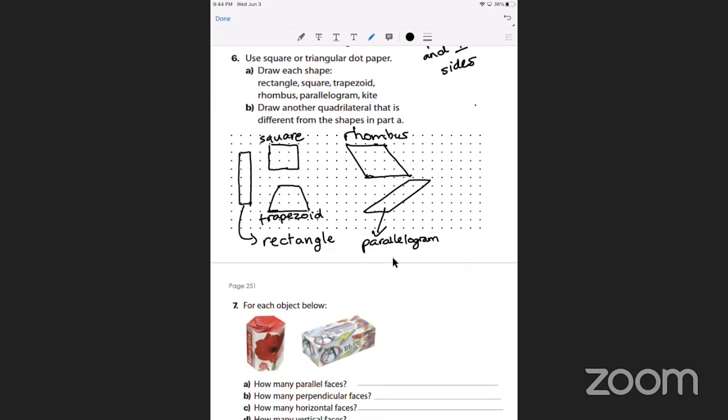And a kite. That's a kite. And now I have to draw another quadrilateral that is different than the shapes in A. So I'm going to draw another trapezoid. So this is for question B.